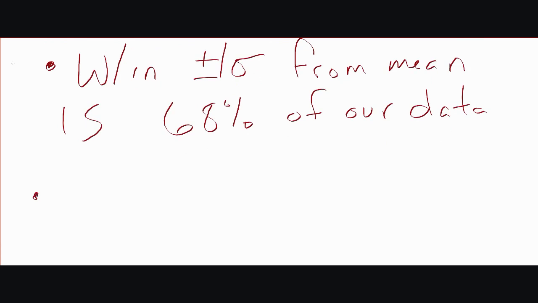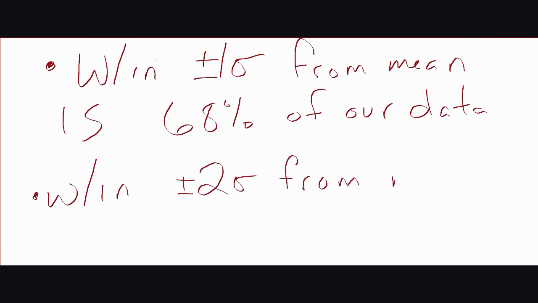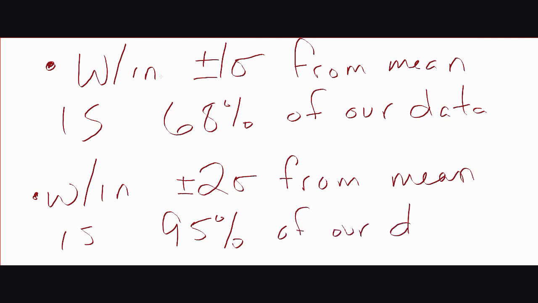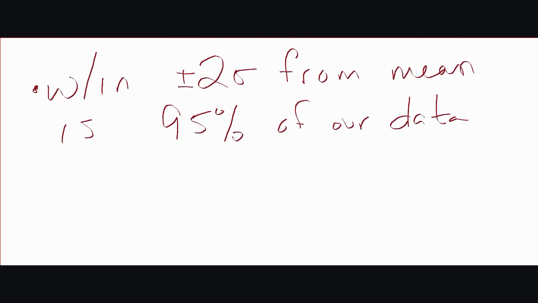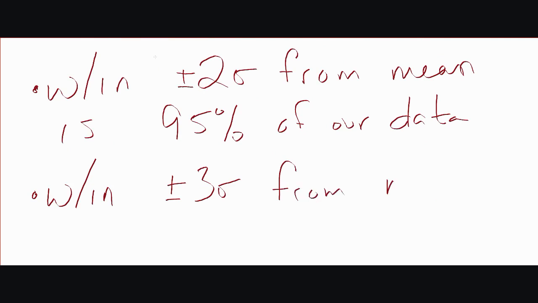The second thing that the empirical rule tells us is within plus or minus 2 standard deviations from the mean, which is again that mu symbol, is 95% of our data. 95% of our data is within 2 standard deviations on either side of the mean. Lastly, within plus or minus 3 standard deviations from the mean is 99.7% of our data.